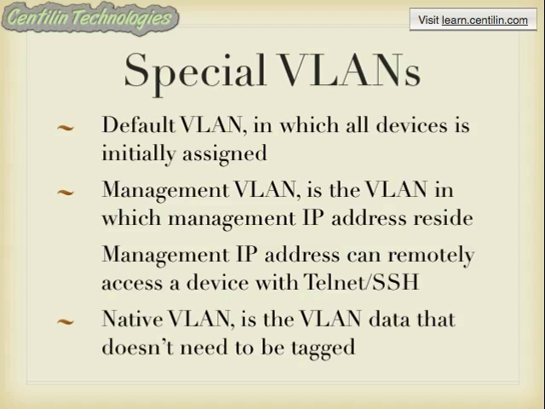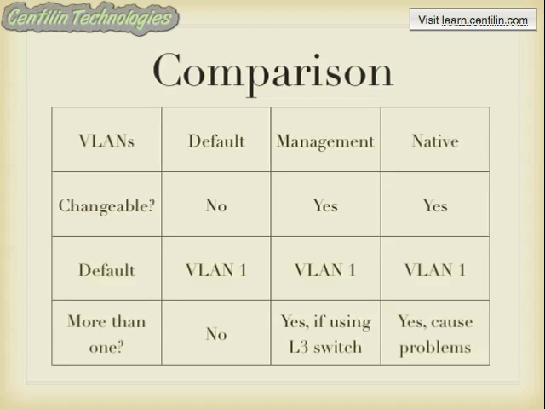It is much like the concept of default VLAN, but applies to data instead. All these special VLANs are by default set to VLAN 1. This is one of the reasons that confuses many people. This table should help you clearly differentiate them. You may want to spend a minute and make sure you understand these concepts thoroughly.